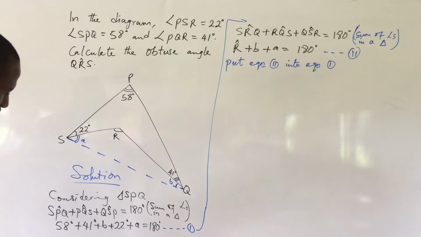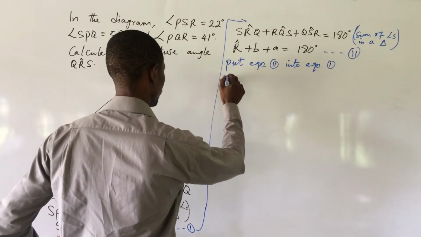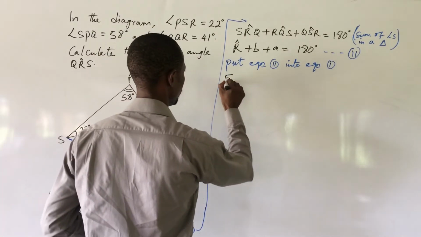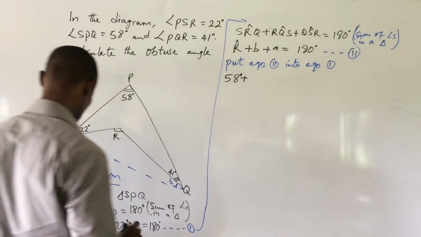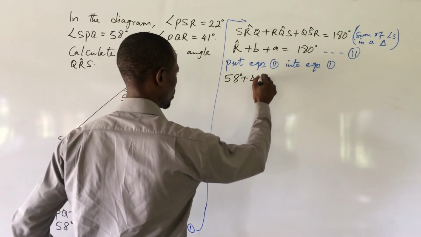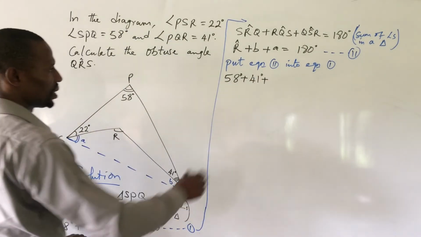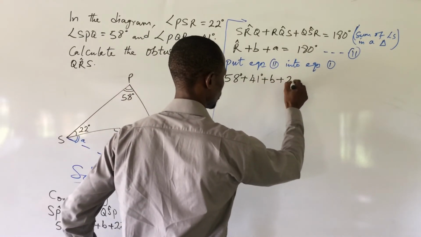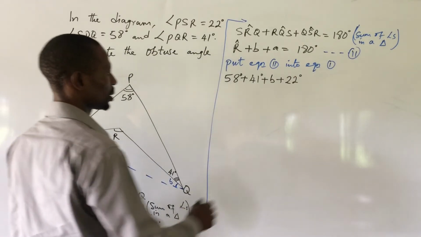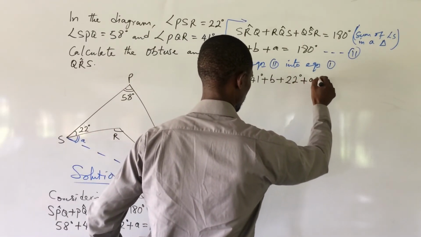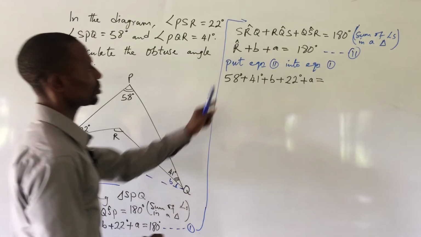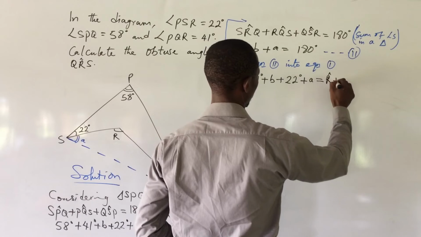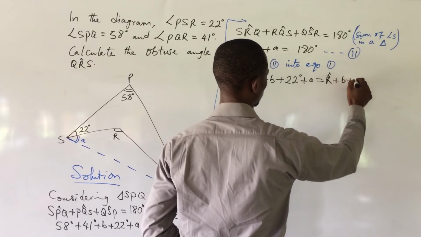We write out our equation 1. Our equation 1 says 58 degrees plus 41 degrees plus B plus 22 degrees plus A, all equal to R degrees plus B plus A.